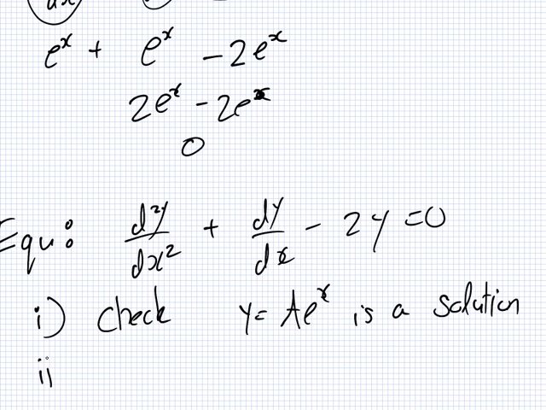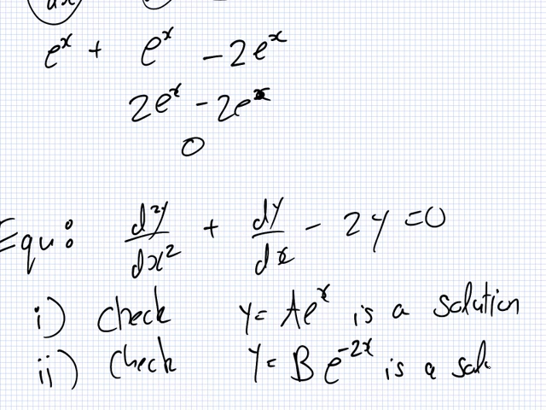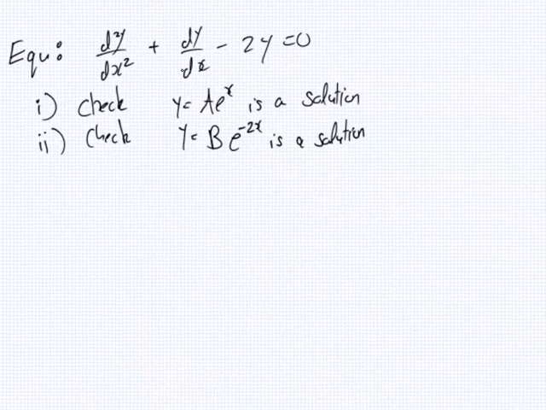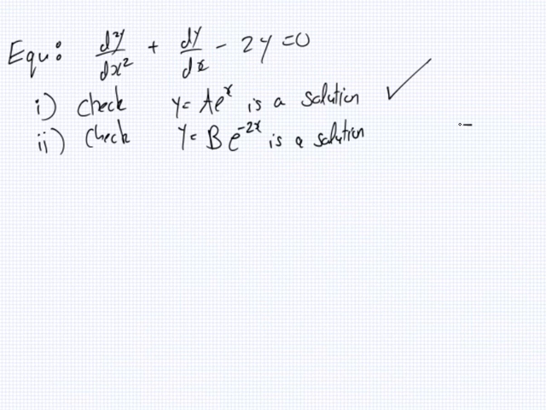Now part 2 I want you to do is to check y equals be^(-2x) is a solution. Okay, so this part is done. I want you to try this one now.